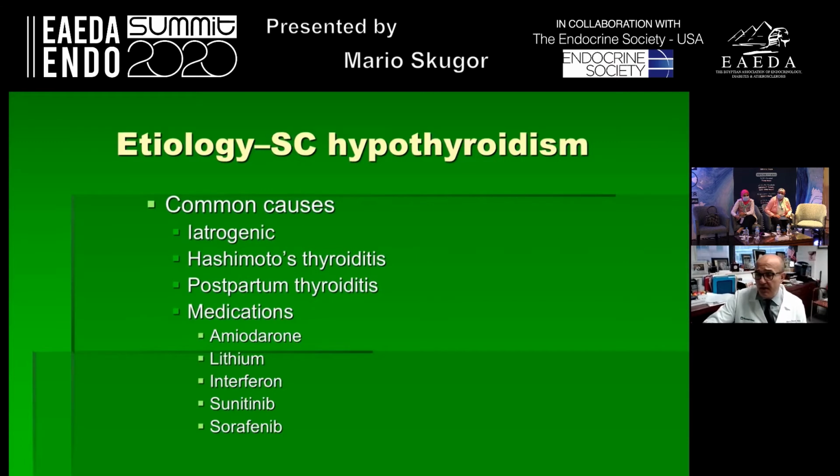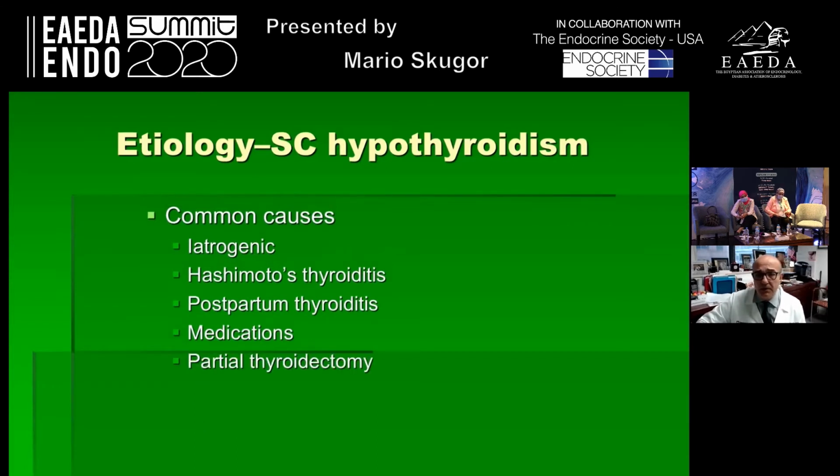And what's missing in this list are the checkpoint inhibitors, the whole new group of medications used in the treatment of malignant diseases. They are particularly prone to cause hypophysitis, but also thyroid disorders. So those would be the common causes.